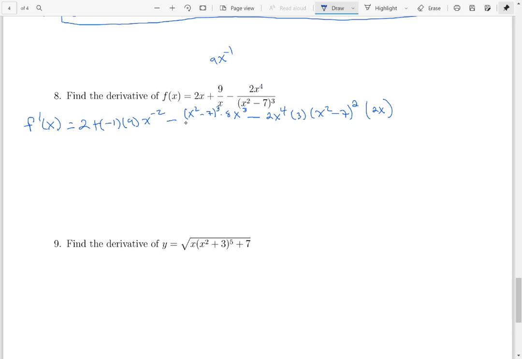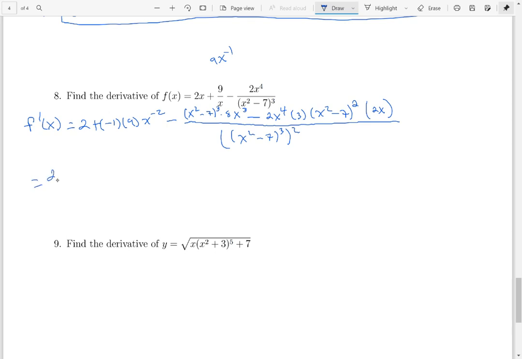Let me be a little bit careful. Where am I? This is all over the denominator squared, which is x squared minus 7 quantity cubed. Now it's that squared. And so let's see if I can clean this up a little bit.